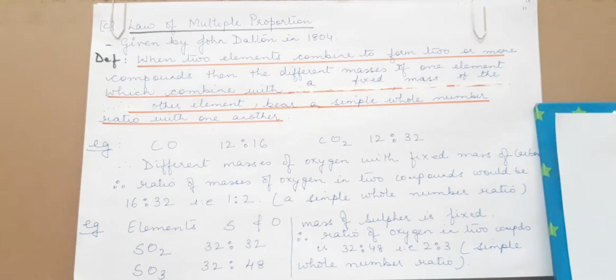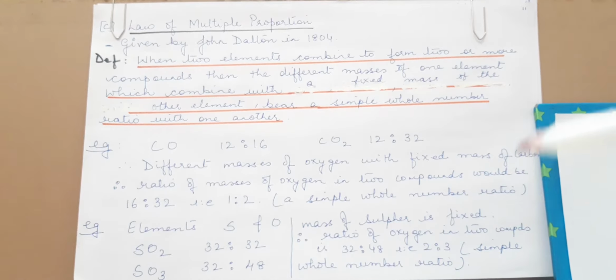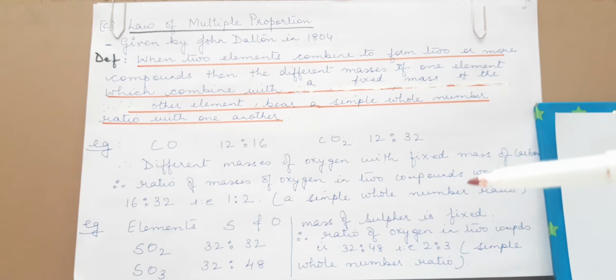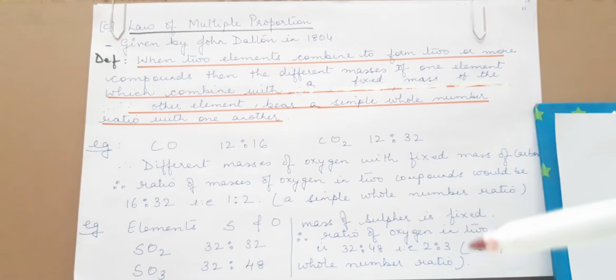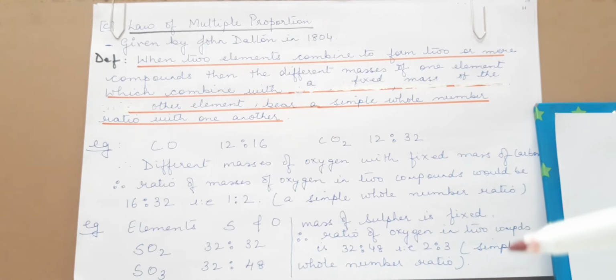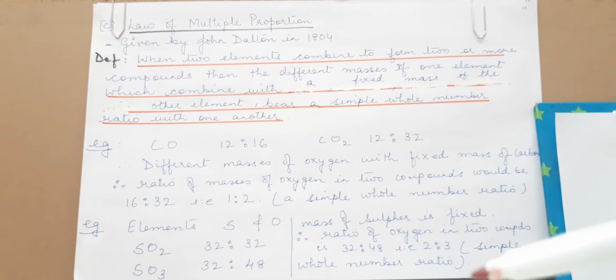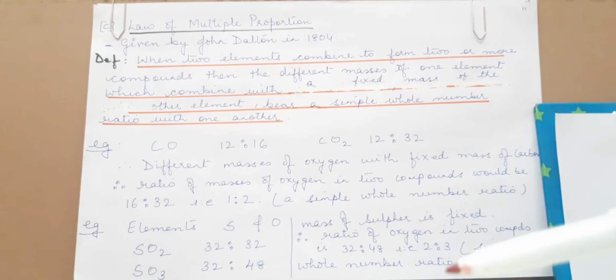in 1804. Now, it has been observed that in many cases, two elements combine under different conditions to form two or more compounds. Like, for example, if we take hydrogen and oxygen, two elements, and they combine together to form water as well as hydrogen peroxide.